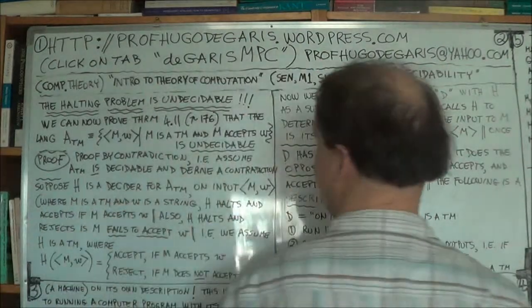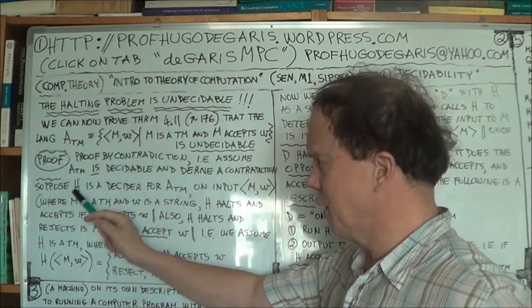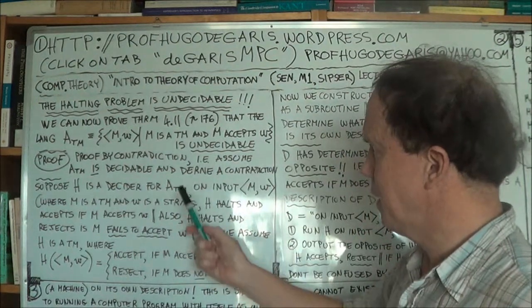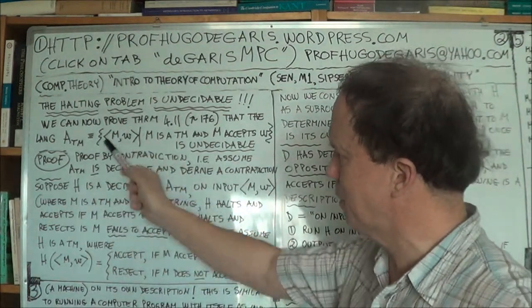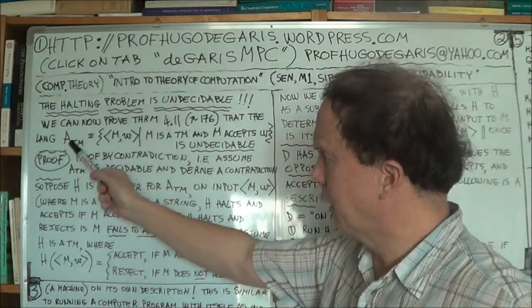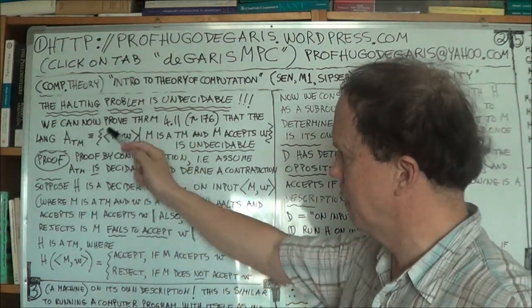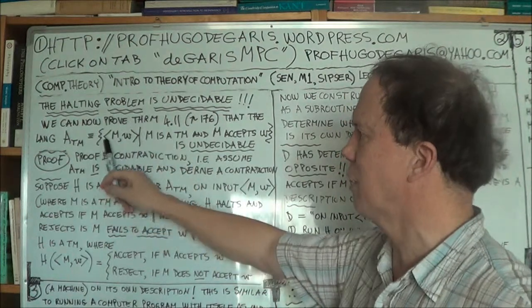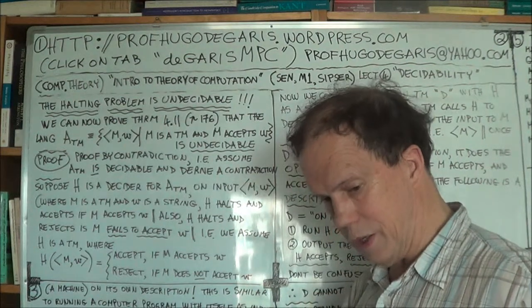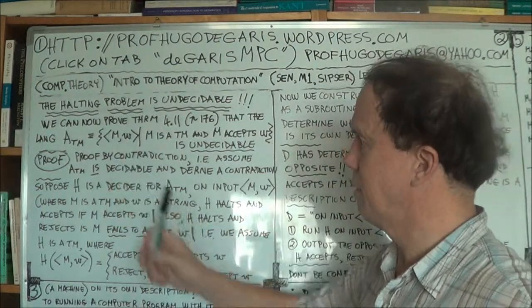Alright, so we assume this is decidable, therefore a Turing machine decides it. Let's call it H. So what does H actually do? By definition, it's a decider, right? So it has to accept every member, every string in other words, of this language. So it takes this string. Now remember, it is a string because the angular brackets imply that it's an encoding or a representation of two things: one, the machine, and two, the string.